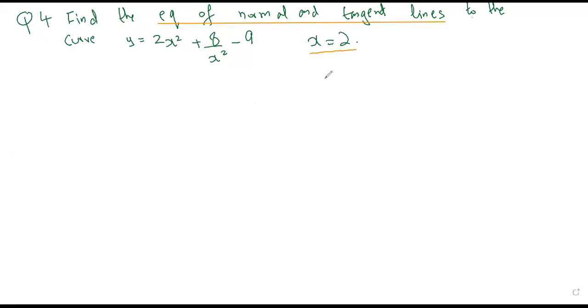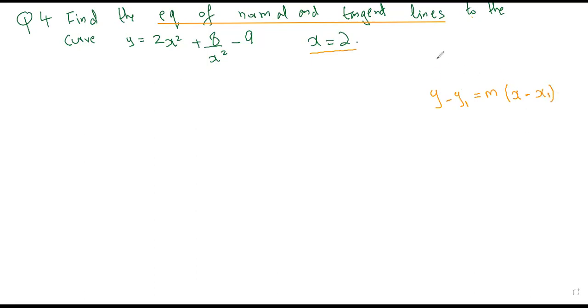Okay. Now, first thing should be clear. In order to find the equation of any line, even if it's normal, tangent, straight line, horizontal line, vertical line, whatever it is, a line, in general the formula is y minus y1 equals m times x minus x1.